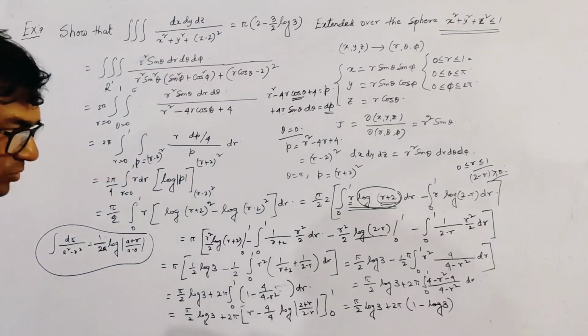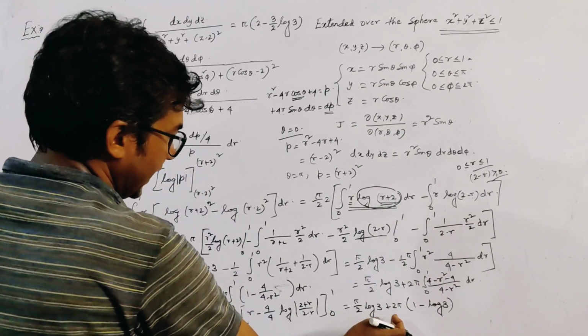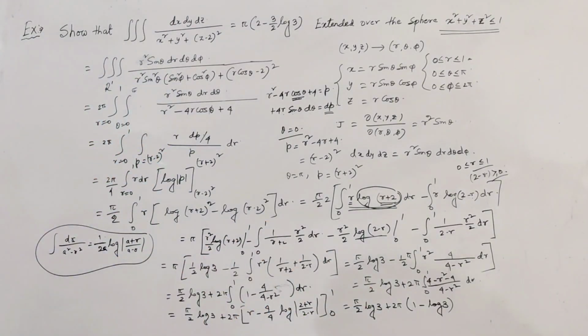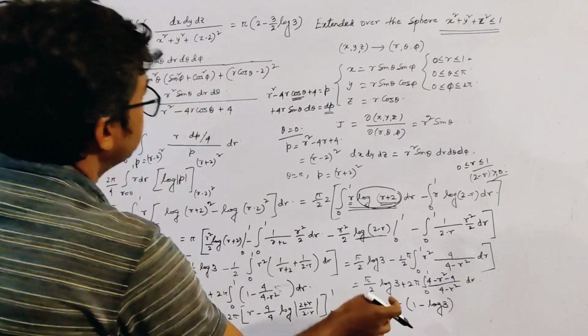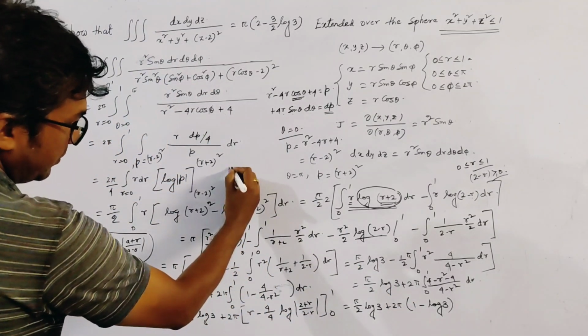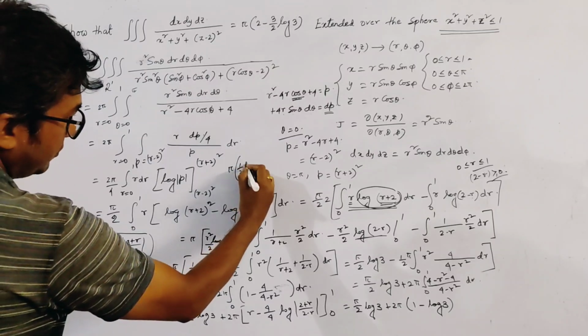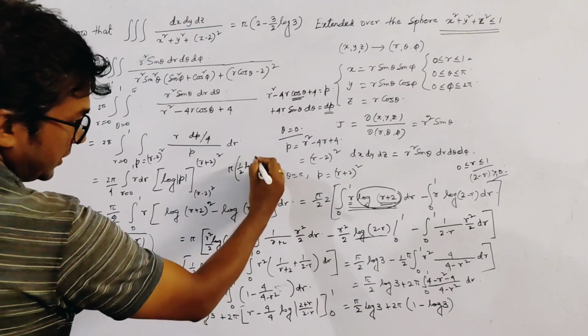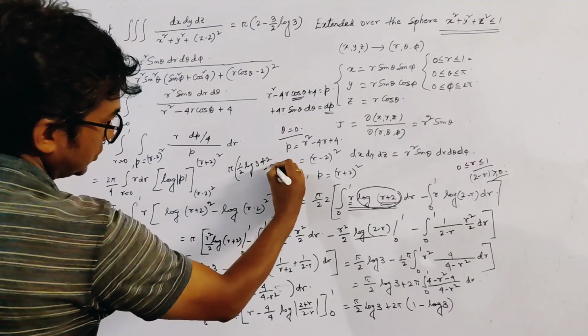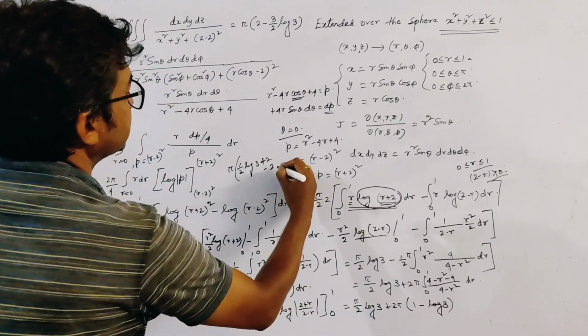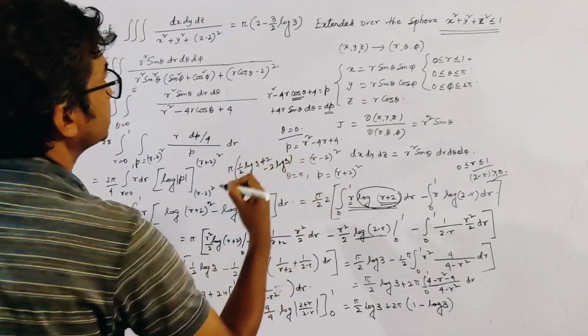Okay, and by calculating this term, taking common pi from here and here, we get pi into half log 3 plus 2 minus 2 log 3.